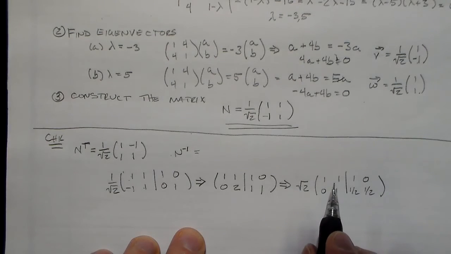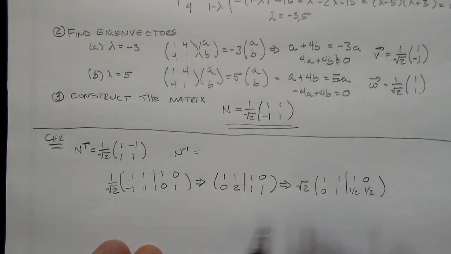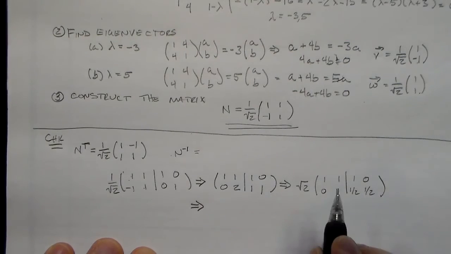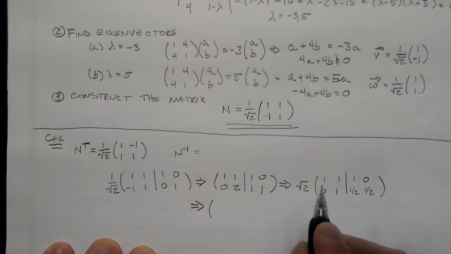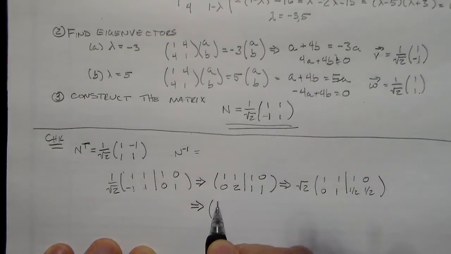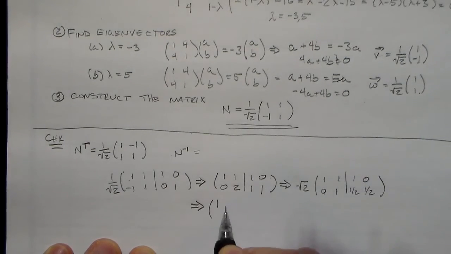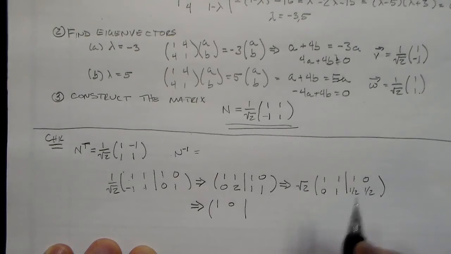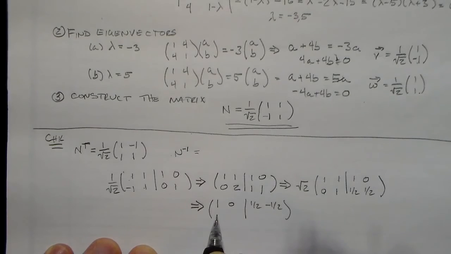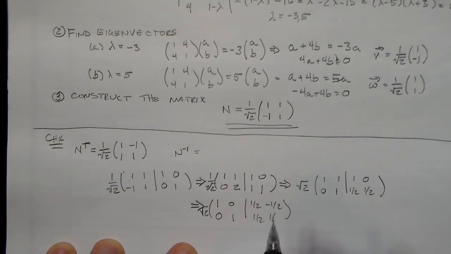How close am I to the edge? I'm near the edge, so I'll go down here. I can subtract row 2 from row 1. So I have 1 minus 0 is 1, 1 minus 1 is 0, 1 minus 1 half is 1 half, 0 minus 1 half is minus 1 half. Then I just repeat all this over here. I forgot my square root of 2. And I have a 0, 1 here, and a 1 half, 1 half.